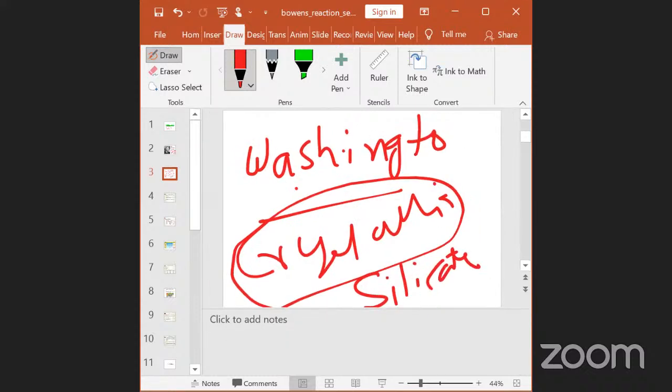Silicate minerals from the basaltic magma, right?